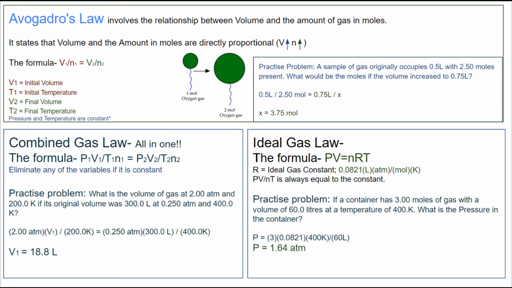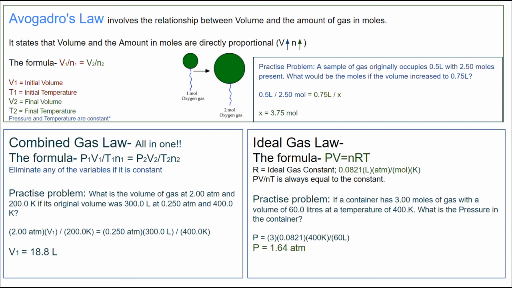And now we have Avogadro's law, and this is the relationship between volume and the amount of gas, and they're also directly proportional. So the formula is V1 over N1 equals V2 over N2. And we have a simple practice problem. A sample of gas originally occupies 0.5 liters with 2.5 moles present.